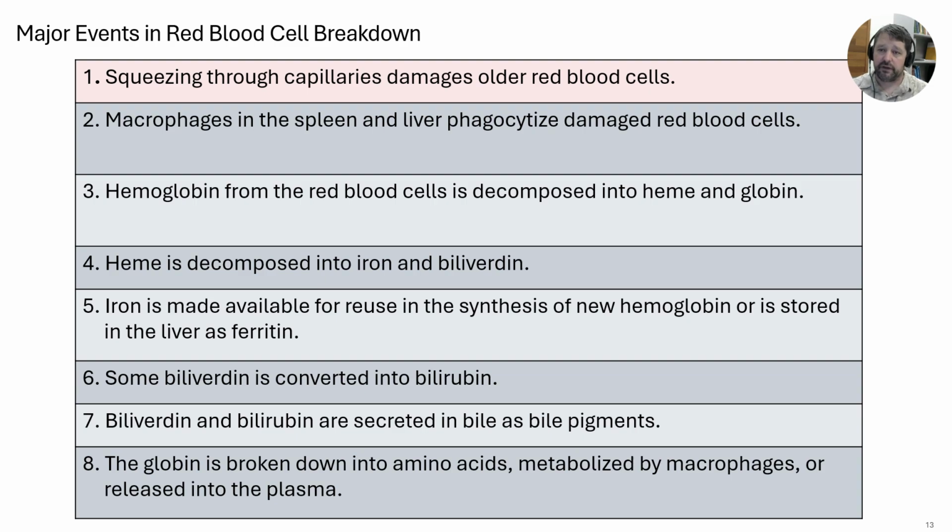The globin itself is often broken down into amino acid chains, which sometimes can be reutilized to build other proteins, even globin itself. Other times it can be released into the plasma and then eventually excreted out of the body as a waste product.